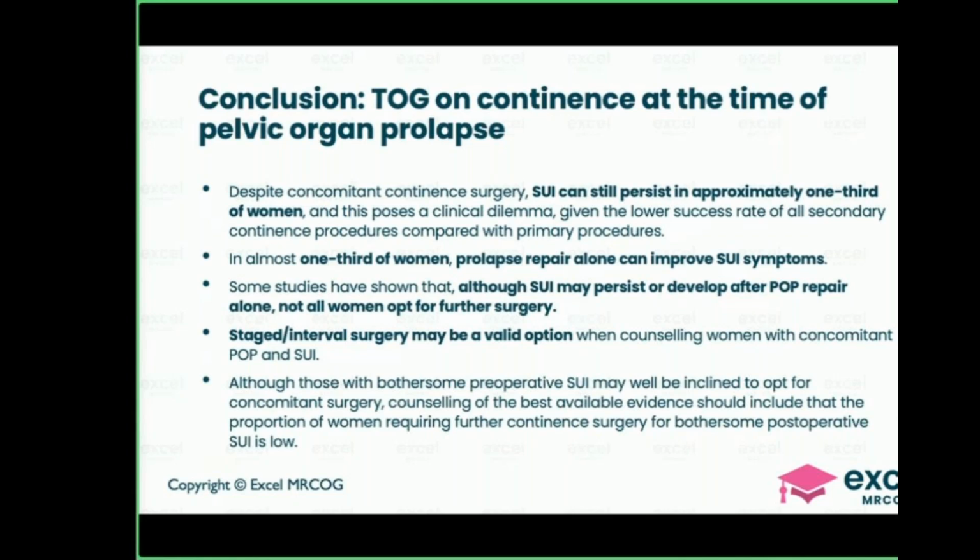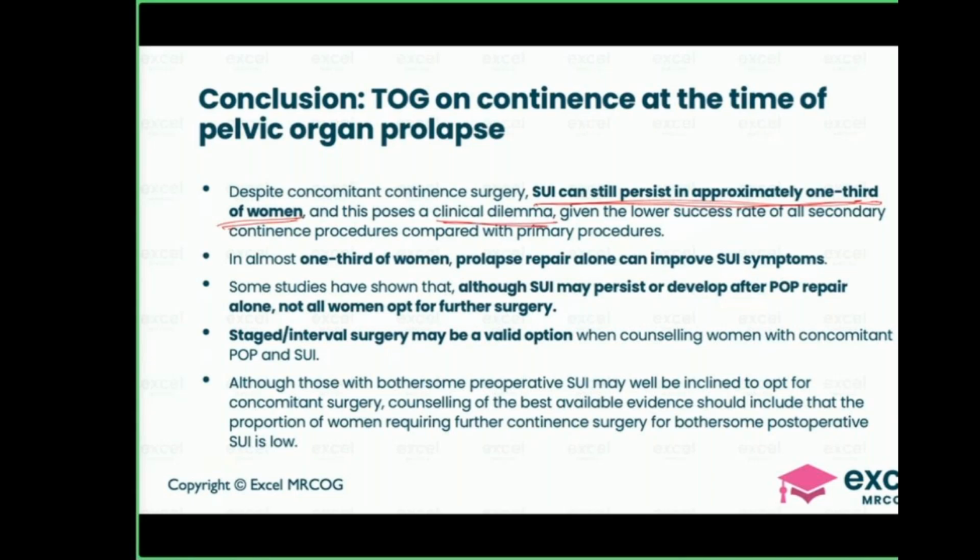Now, what the TOG article concludes is, despite concomitant continence surgery, SUI can still persist in approximately 1/3. So even if you offer both surgeries, for pelvic organ prolapse and SUI, it can persist in 1/3 of the women. So this poses a clinical dilemma whether to offer it at all.